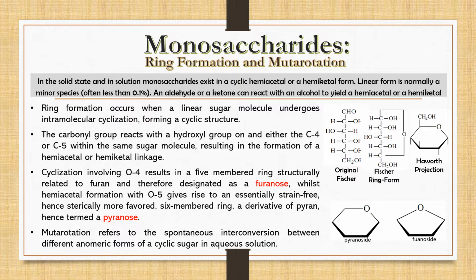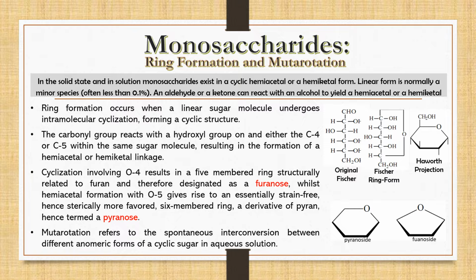An aldehyde or a ketone can react with an alcohol to yield a hemiacetal or hemiketal. Hemiacetals and hemiketals are compounds that are derived from aldehydes and ketones respectively. The same way aldehydes and ketones react with alcohol to form hemiacetals and hemiketals respectively, carbohydrates react intramolecularly to form rings.